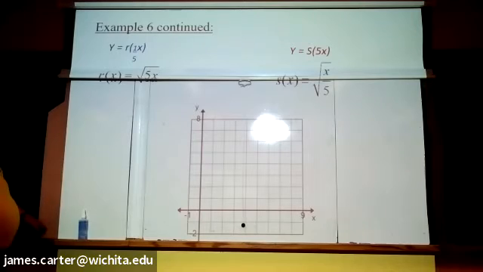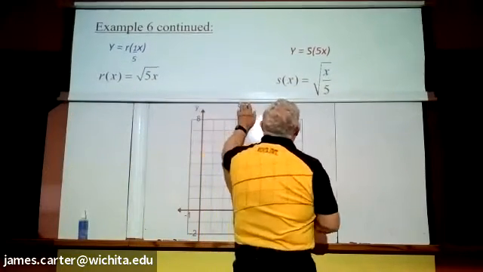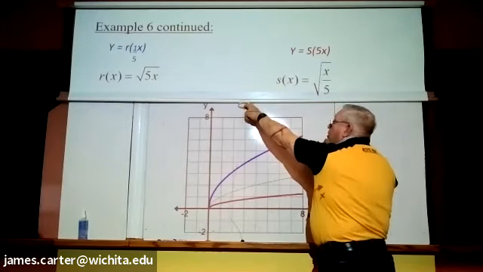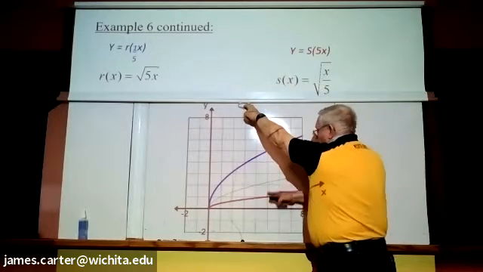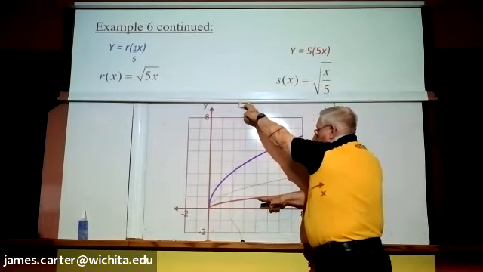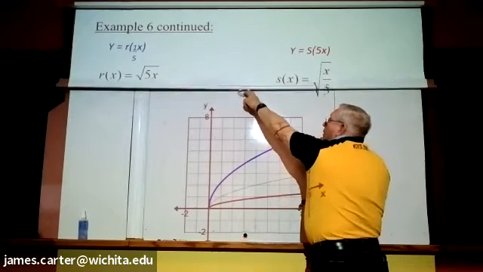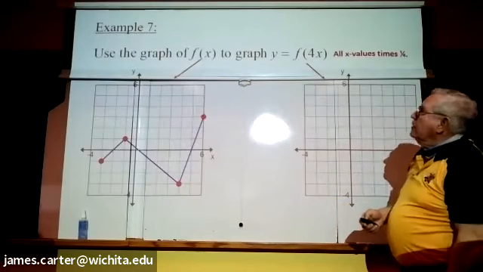Okay, for example, we've got this, which translates, and here are your graphs. Okay, here you have your vertical shrink, you have your vertical stretch. Okay, look at this graph.